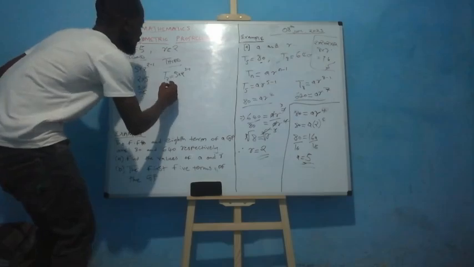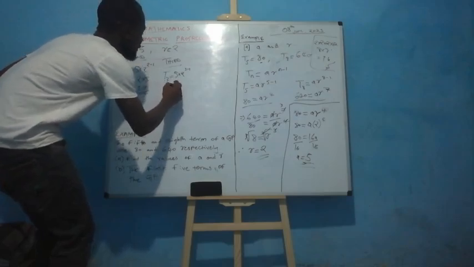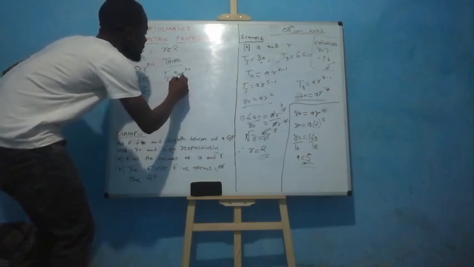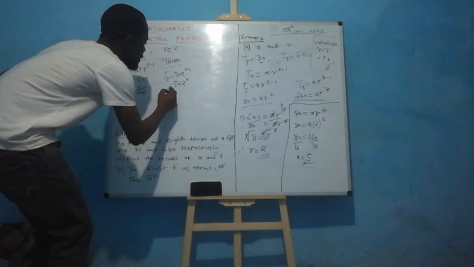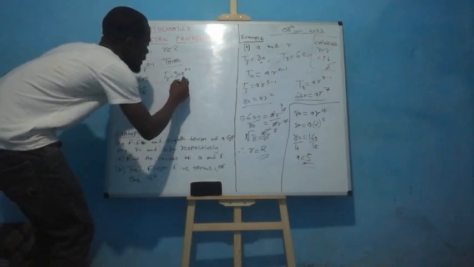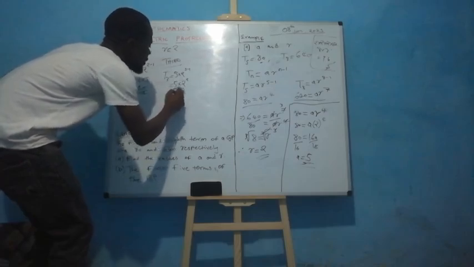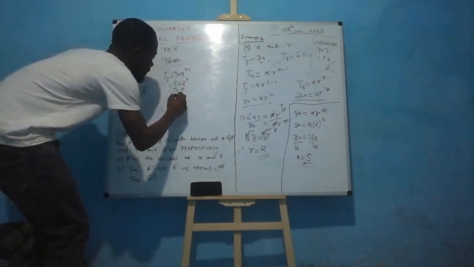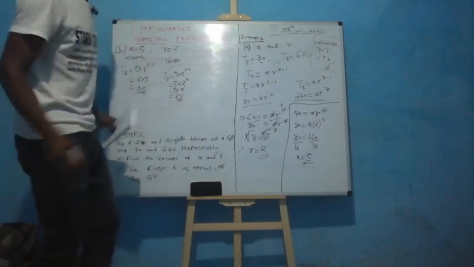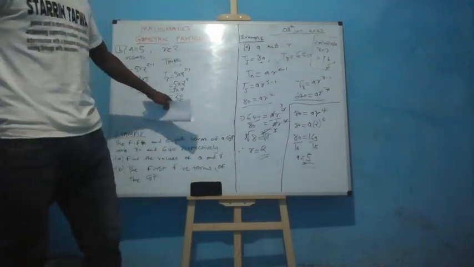Okay, so we're going to have 5 multiplied by 2 to the power 2, which is 2 squared. Okay, so 2 squared is 4. 5 multiplied by 2 squared, what do we have? We're going to have 20 here. Okay, this is our third term.